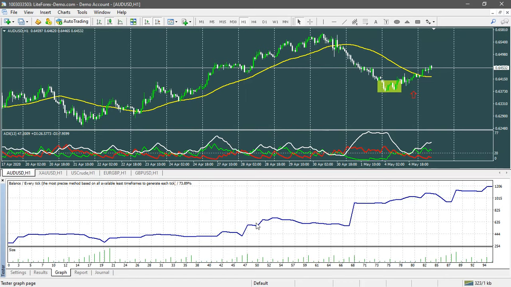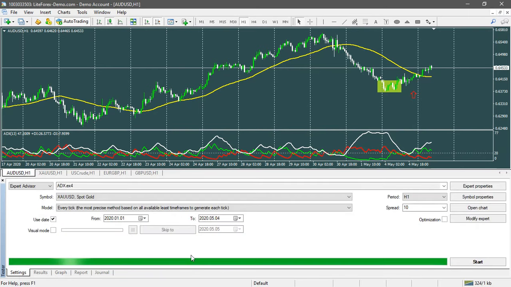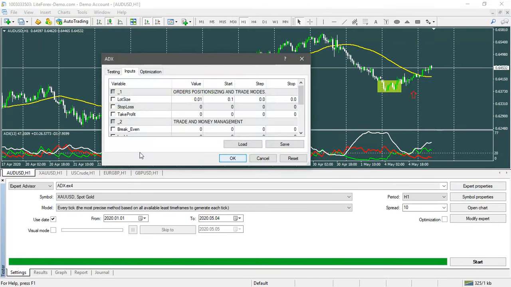Okay, and this accuracy can obviously be increased. An important note: please don't expect these exact settings. I've run it on gold. Don't expect these same settings to work everywhere. And I was using a lot size of 0.01, micro lots.